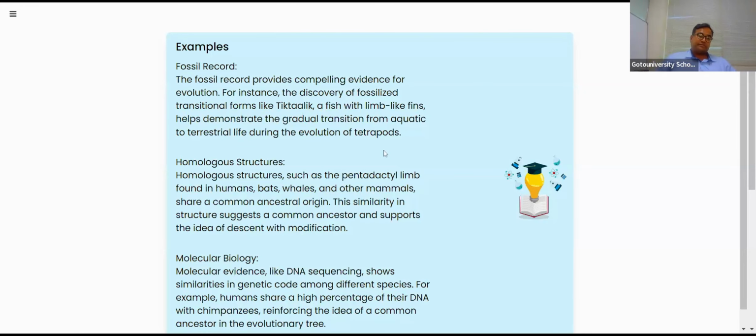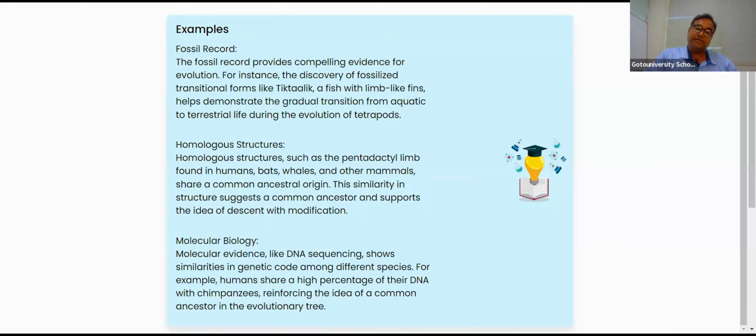Homologous structures such as the pentadactyl limb found in the human, bat, and whales and other mammals. If certain structures are similar in most of the species, that denotes homologous structure. Fossil records, how you are doing by radiocarbon dating, morphological comparison, functional comparison, physiological comparison. All these comparisons we are making and then concluding.